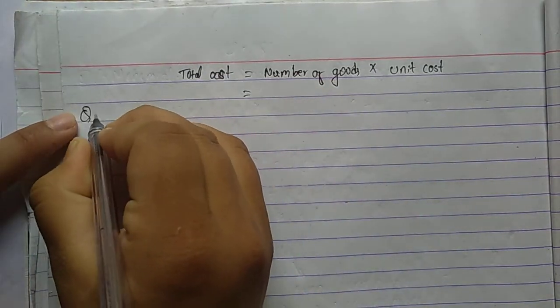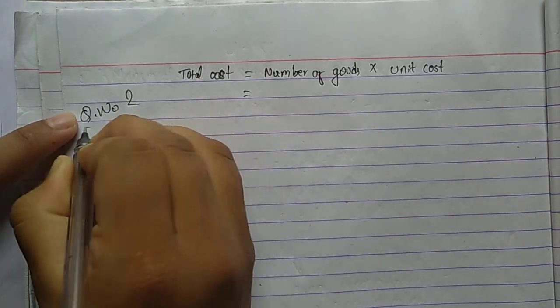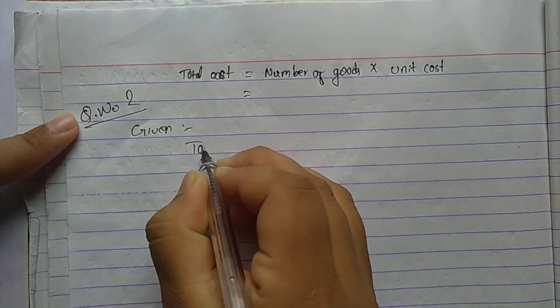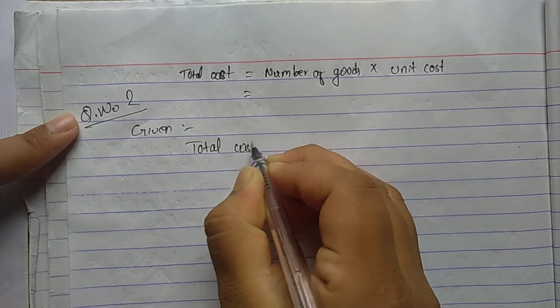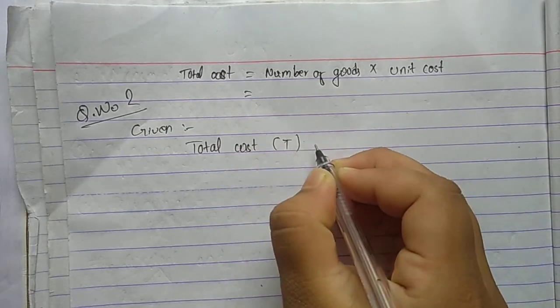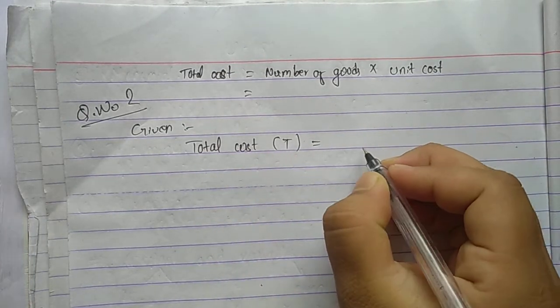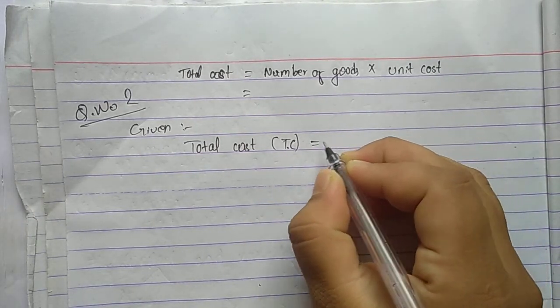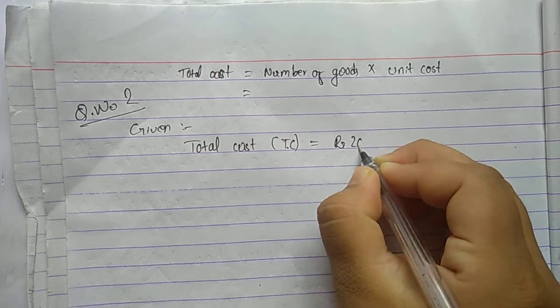And in question number 2 given is the total cost. We can consider TC equals rupees 20 is given, right?